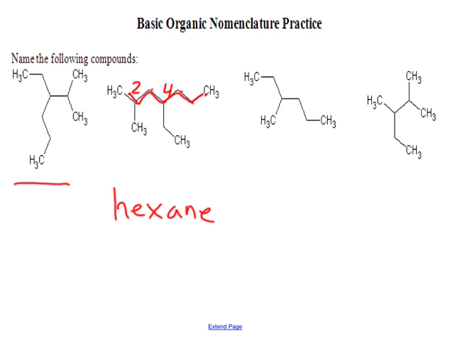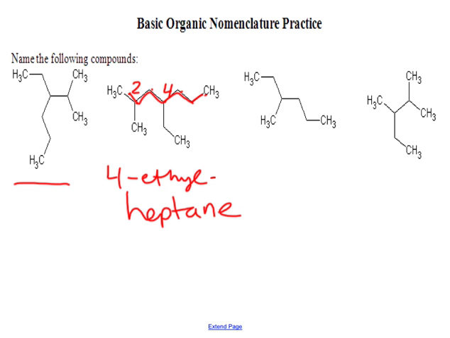Oh, this is not hex. It's 7 of them, so it's hept. Okay, so now we name them alphabetically. What comes first? Ethyl. So we call this 4-ethyl-2-methylheptane. Do y'all see it?